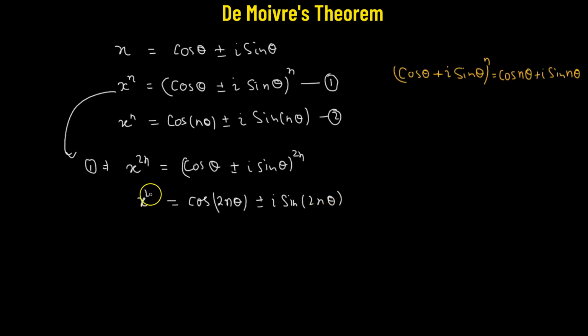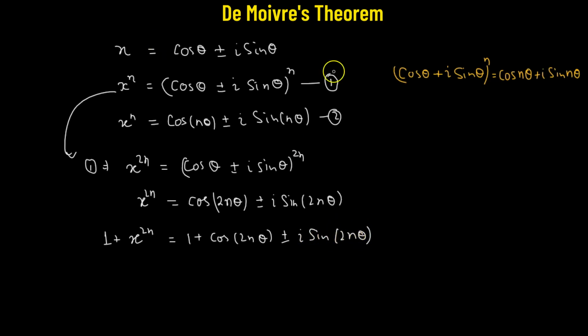So this is x raised to the power of 2n. In the next step, we're going to add 1 to both sides. This will be equal to 1 plus cosine of 2n theta plus or minus iota times sine of 2n theta.